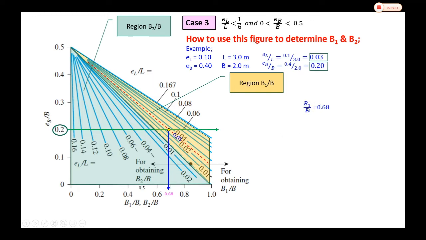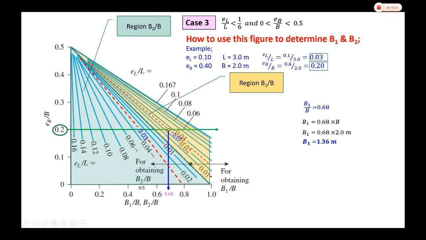Since B is 2 meters, you can solve this and B1 is 1.36. Then we look at the left side to get B2 over B. Again, you need an extra line for 0.03.